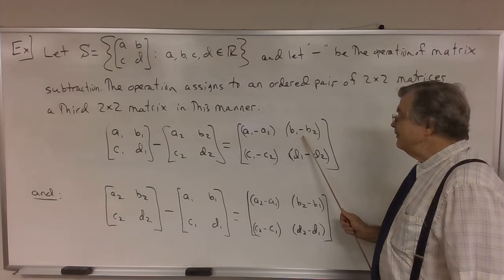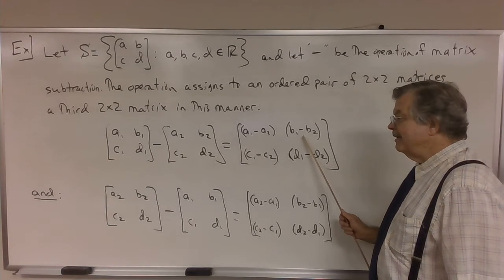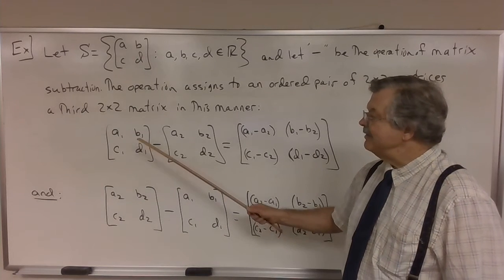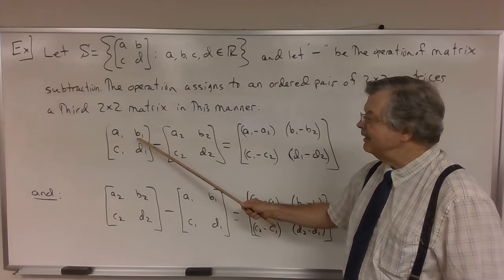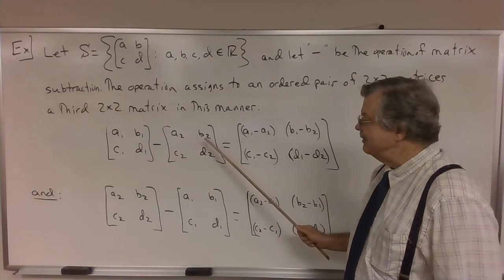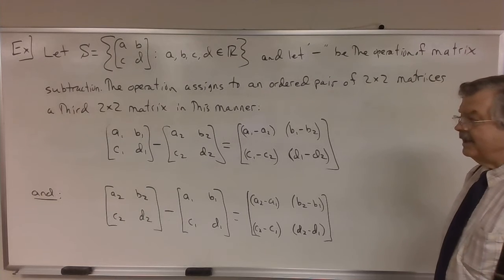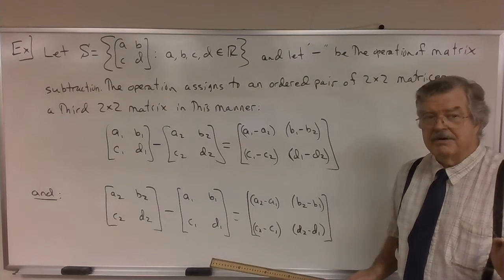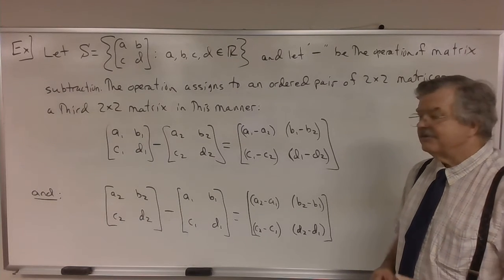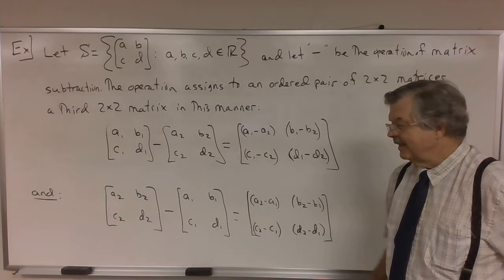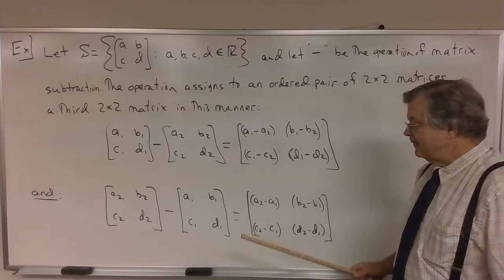And the entry in the first row and second column of our result is the difference of the entries in the corresponding locations of the first and second matrix. Now here again, order is important. Let's take the same 2 matrices but switch the order. And notice what we get.